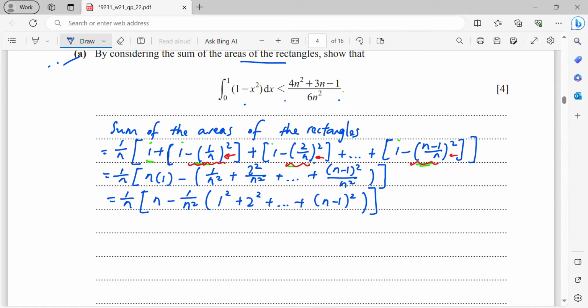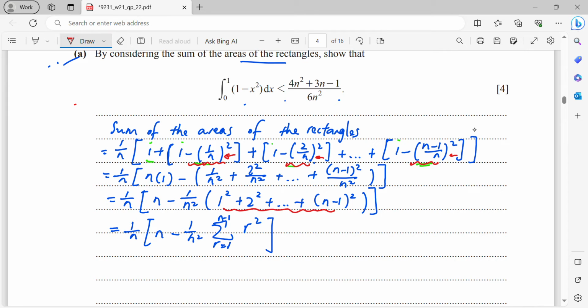Now from here, the 1 squared plus 2 squared plus until n minus 1 squared is basically the summation of r squared, with r from 1 to n minus 1. All these are the terms in the bracket.